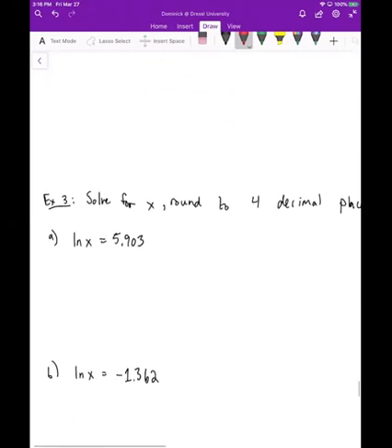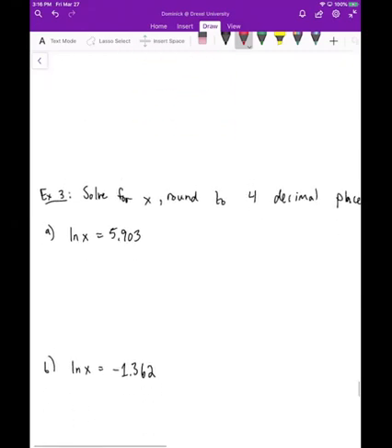Now, in the same idea here, we want to solve these simple natural log equations. And what this is really going to boil down to is once we convert this to exponential form, we're going to get e to the 5.903 is equal to x. So I'm really just finding some more powers of e in my calculator.